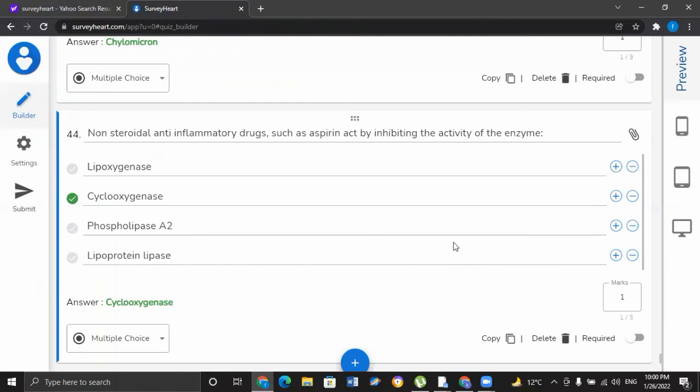So NSAID क्या करता है, जाके cyclooxygenase activity को block कर देता है. That is option B for MCQ number 44.